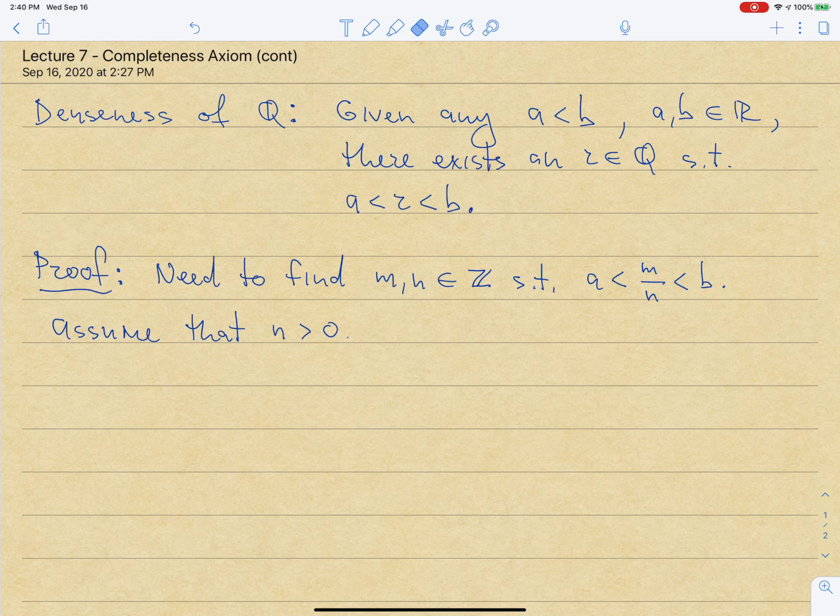So if we make that assumption, then I can multiply both sides of this inequality by n. So that means that what I want to do, I want to find m and n in Z such that na is going to be less than m, and this is less than n times b.